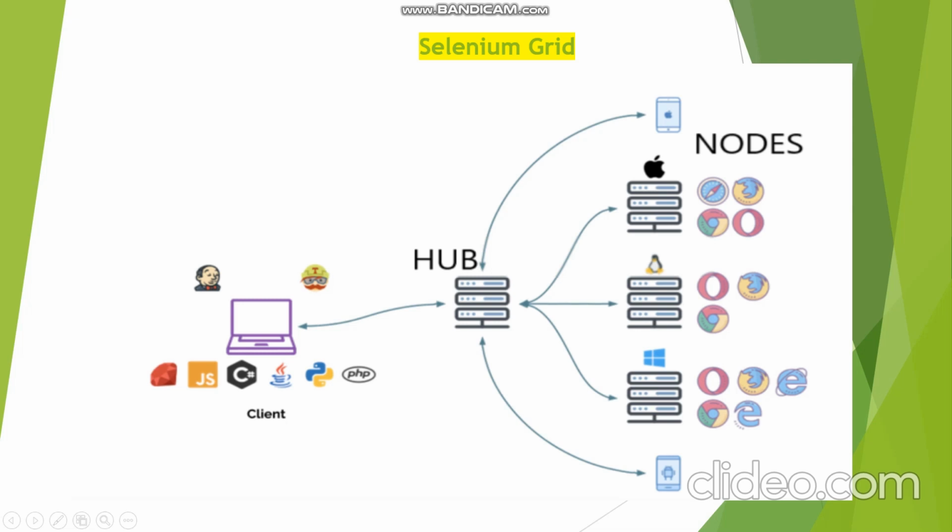Every node also contains multiple browsers like Chrome, Firefox, Safari, Edge, or Internet Explorer. Each hub is connected to multiple node machines, and the hub and nodes are independent, different virtual machines or different physical machines basically. When we run our script, our hub will choose different configured nodes and start executing on different node machines.